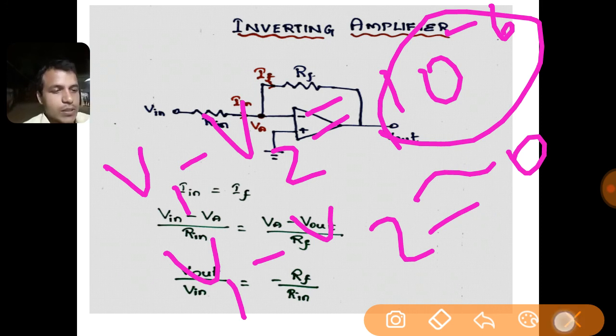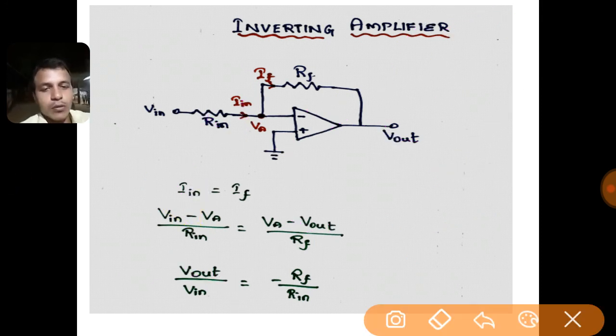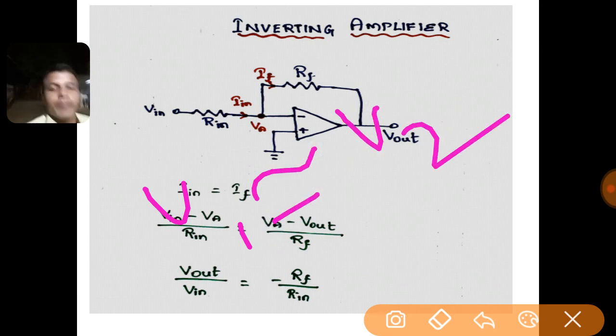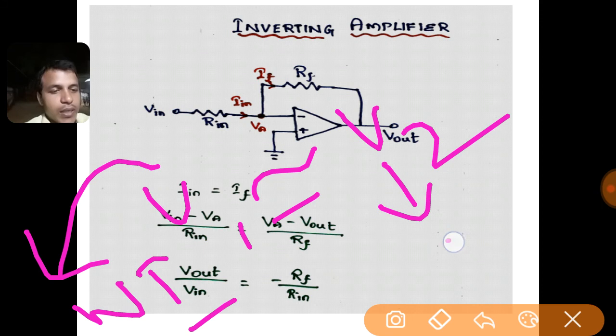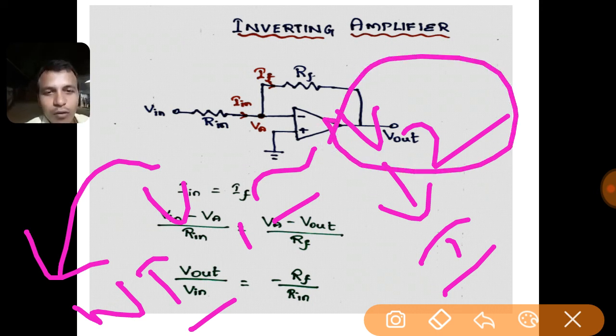That means V1 is approximately equal to V2. Whatever voltage is available at the non-inverting input terminal, the same voltage is available at the inverting input terminal, and that is why we say that V2 is virtually grounded with respect to V1.